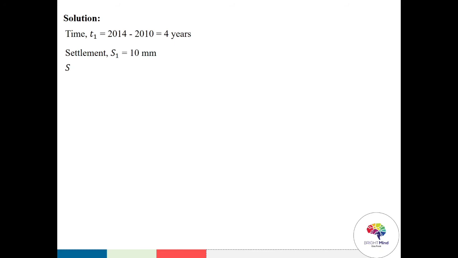Let final settlement be represented by Sf, which is 40 mm. Now we'll find the degree of consolidation, which is the ratio of initial settlement to final settlement into 100. Initial settlement for the first case is 10, final settlement observed in the design was 40. Substituting the values, the degree of consolidation for the first case comes out to be 25%.